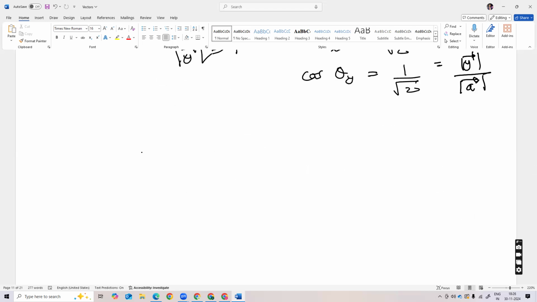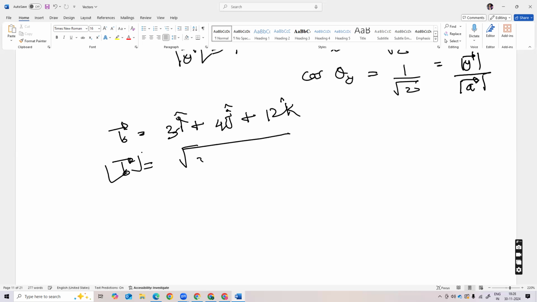Let's say you have one more vector, b equal to 3i plus 4j plus 12k. For this vector, the magnitude is the square root of 3 square plus 4 square plus 12 square. If you solve it, you will get 13.